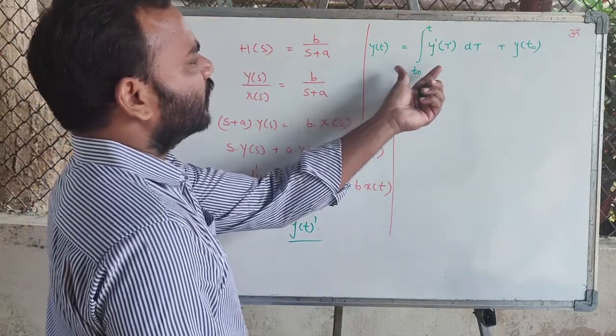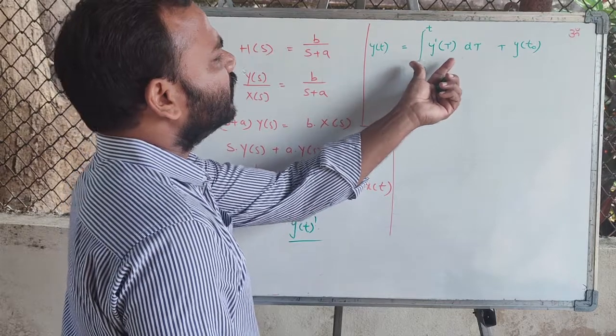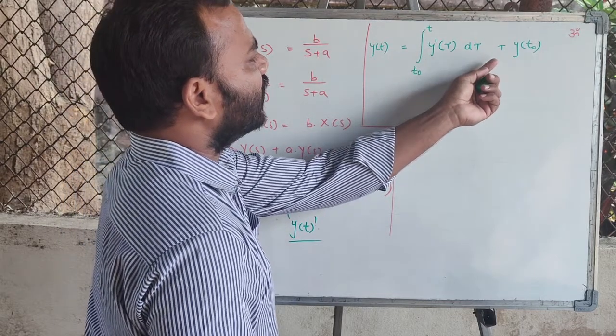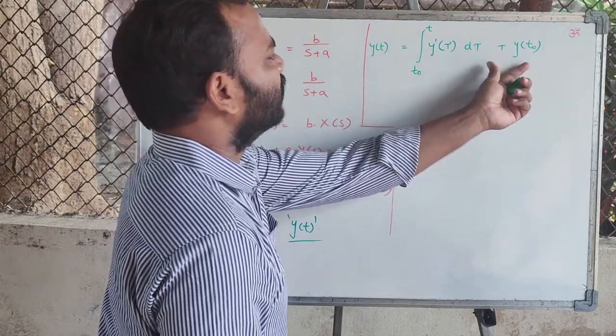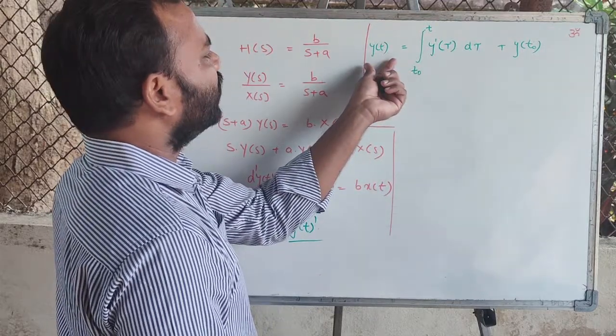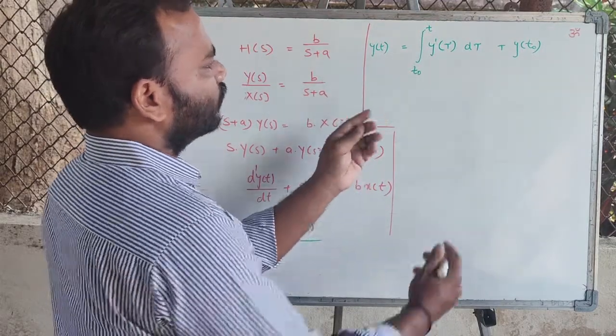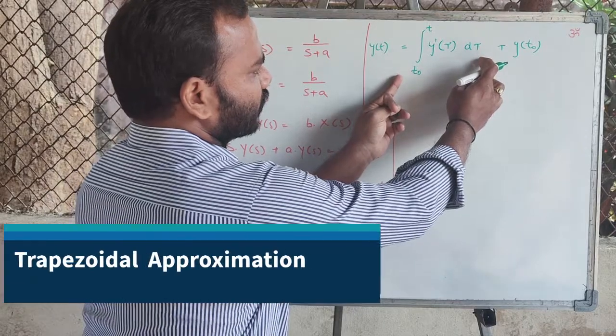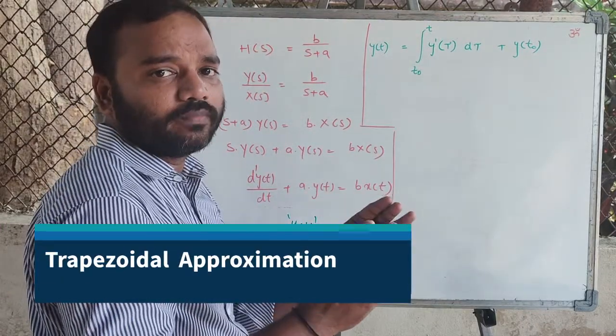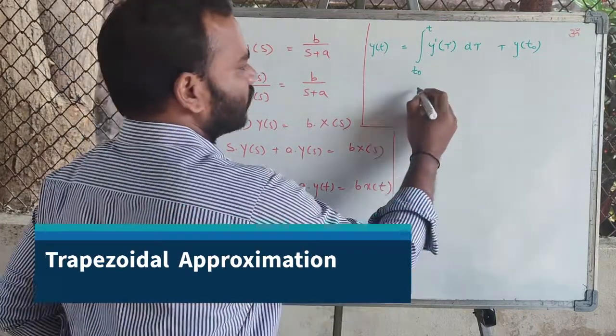So here we have integrated the differentiation and added the initial value to obtain the y of t. Now this integration will be approximated by the trapezoidal formula.